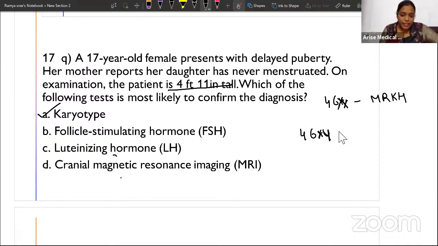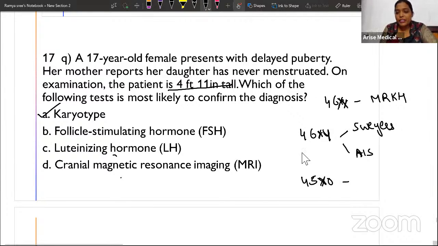If it is 46XY, you have two differential diagnoses, Swyer and AIS. And if it is 45XO, then it is Turner's.